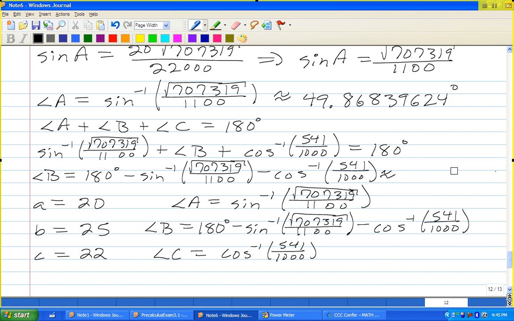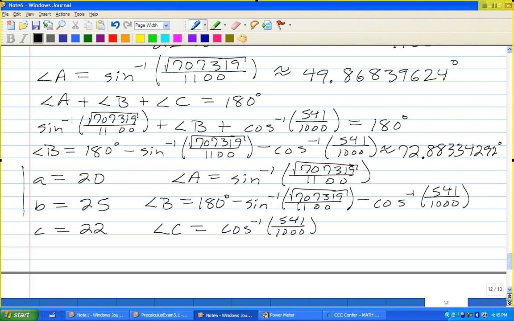The square root of 707,319 divided by 1100. Okay, good. So this is 72.88334292 degrees. Okay, good. So those are the approximate answers. Had a little bit of error there.